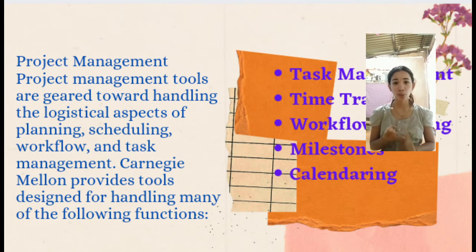Next, we have workflow routing and milestones. Milestones in project management are used as signals for a project's start or end date, external reviews or input, budget checks, and submissions of a major deliverable.